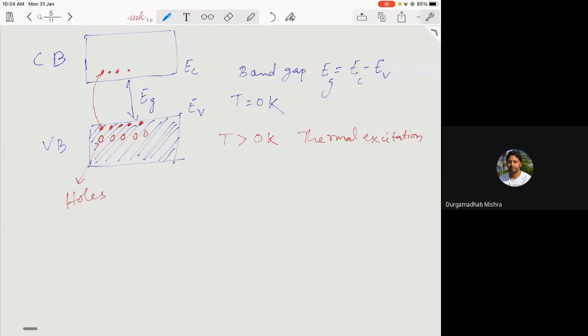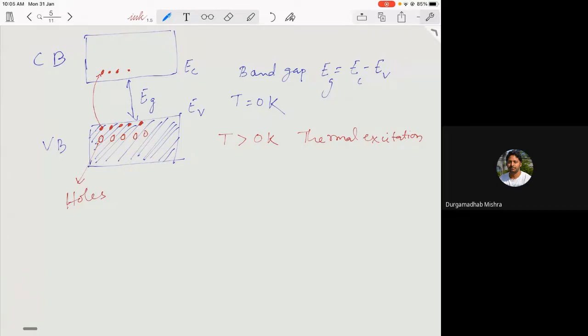Okay, so the question is about graphene. The band gap and conductivity are different. Conductivity depends on, let's say, if I have a good conductor, that means the electron will move without much scattering.